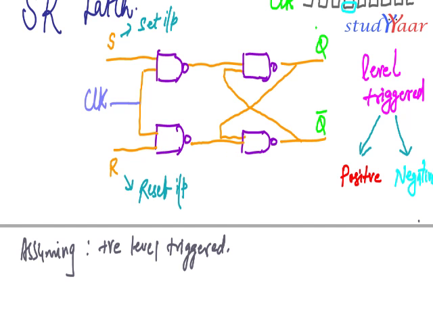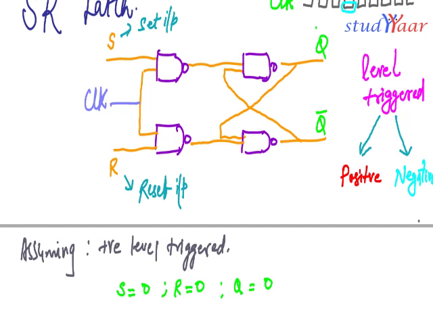So let's suppose what happens when you have, let's say S is equal to 0, R is equal to 0, and your Q is equal to 0. Now let's see what happens.